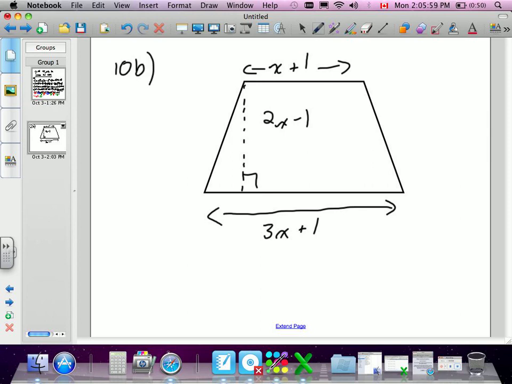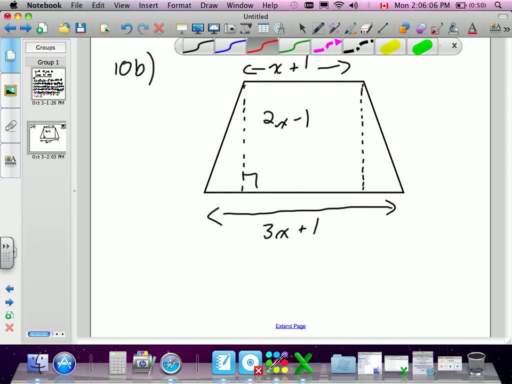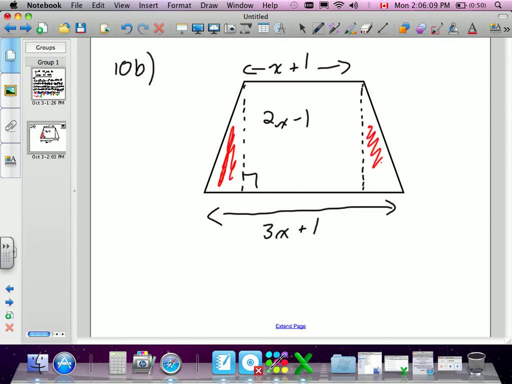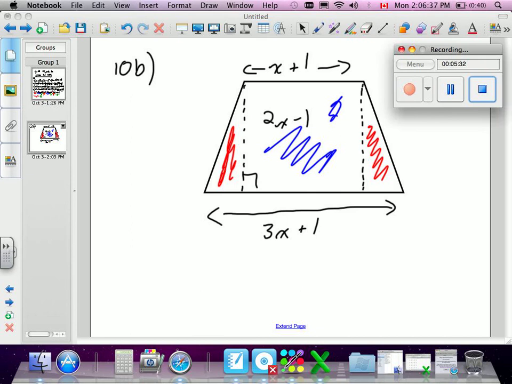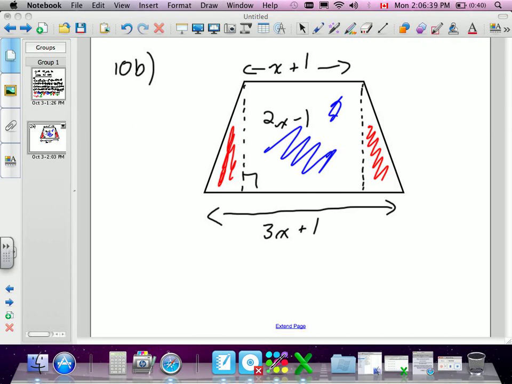This is an irregular shape. So what you actually had to do is cut it into 3 different shapes. Shape 1 is this triangle. Shape 2 we'll call this triangle. And shape 3 we'll call this triangle. Okay, so we have 2 triangles in a square.